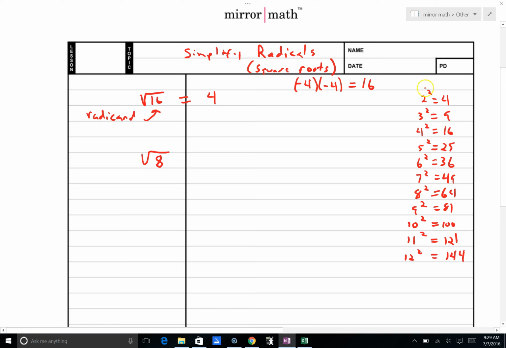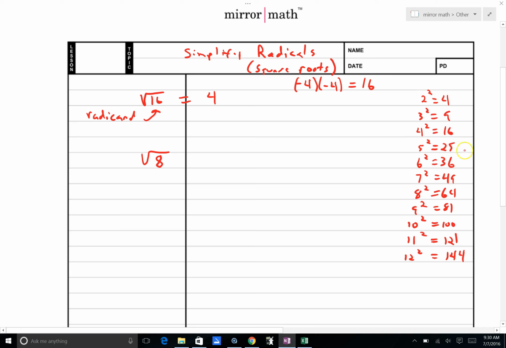So one helpful thing is to know what the first few perfect squares are. 2 squared is 4, 3 squared is 9, 4 squared is 16, so forth, 12 squared being 144. This list obviously isn't exhaustive. You could go on forever. But the numbers on the right side of this list we call the perfect squares. That is, their square root is a whole number.